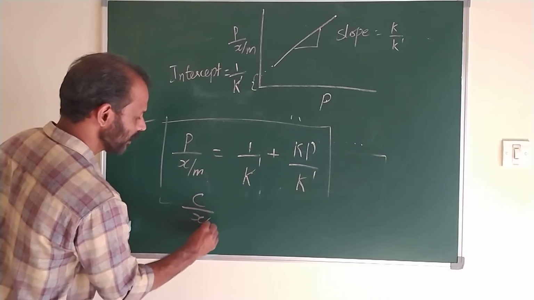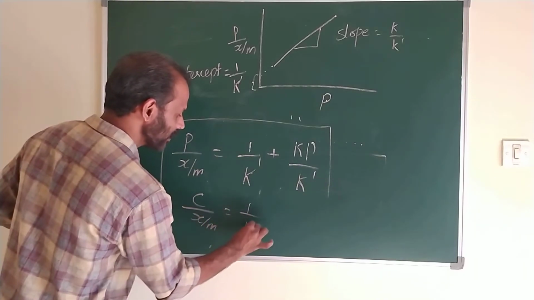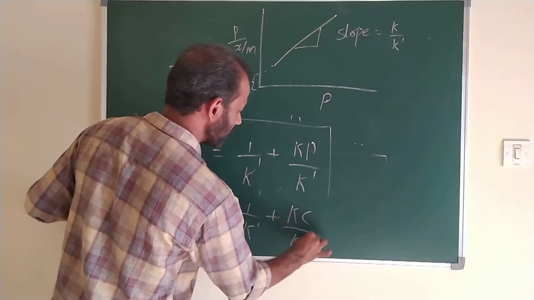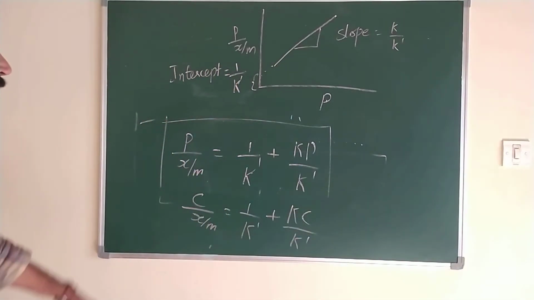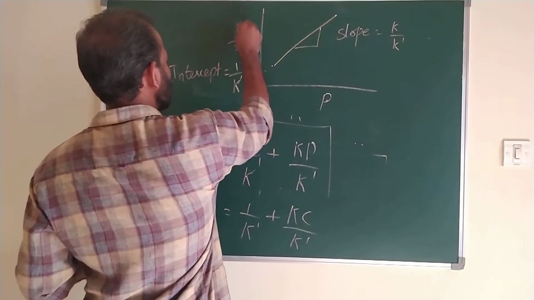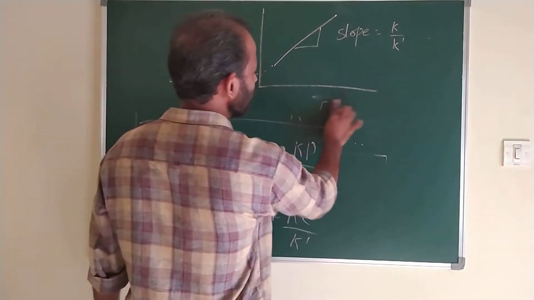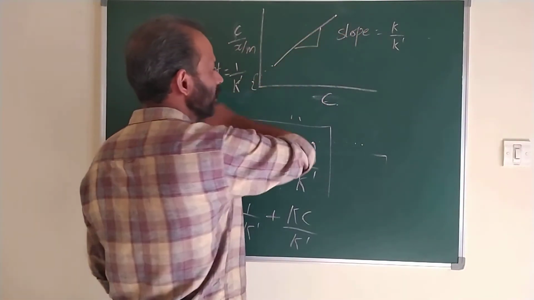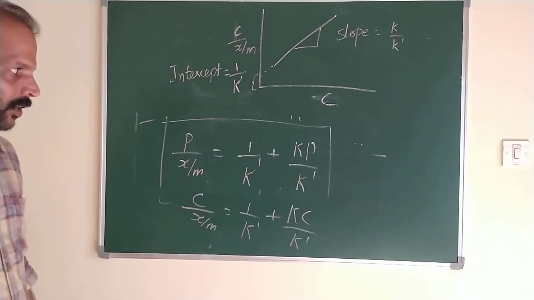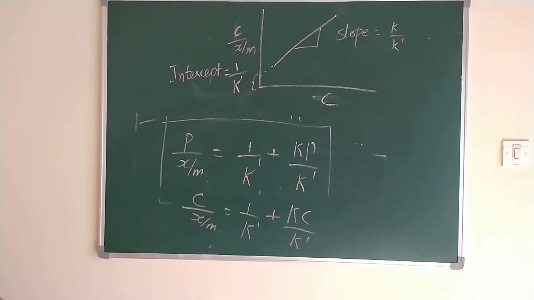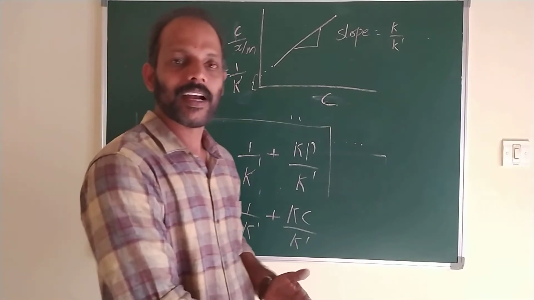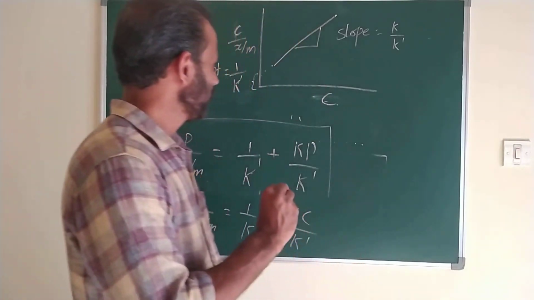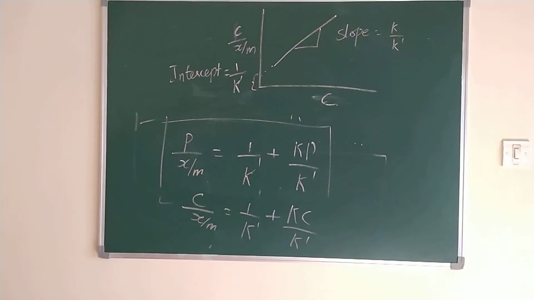C by x by m is equal to 1 by k dash plus Kc divided by k dash. So the plot of C divided by x by m against C gives the same plot, slope and intercept. So this is Langmuir adsorption isotherm.